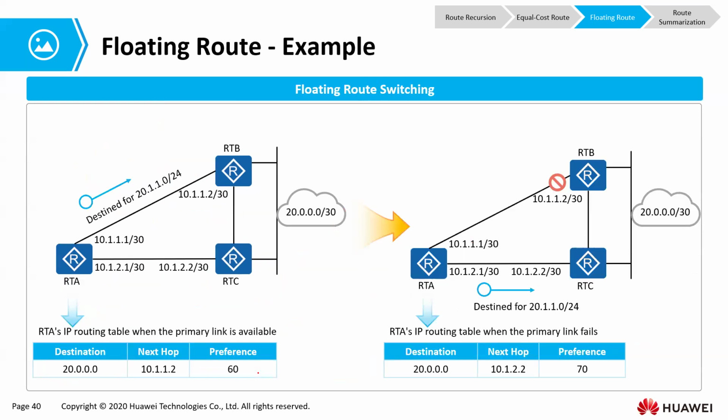Then another example. RTA destination 20, this one, next hop, this one, preference is 60. No, it's the same example we've just done panel.